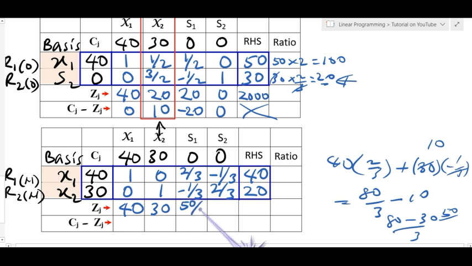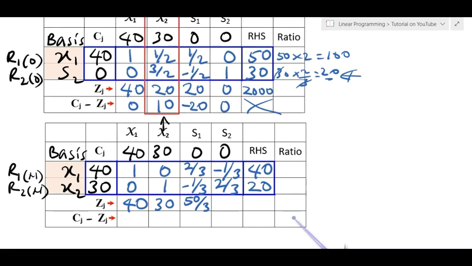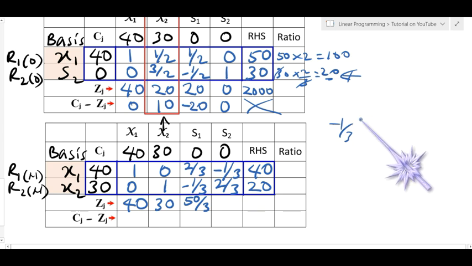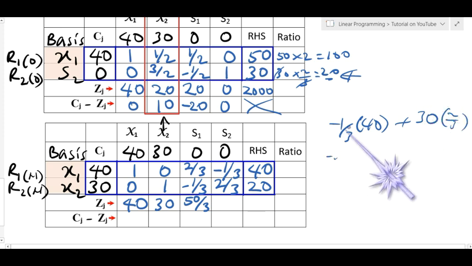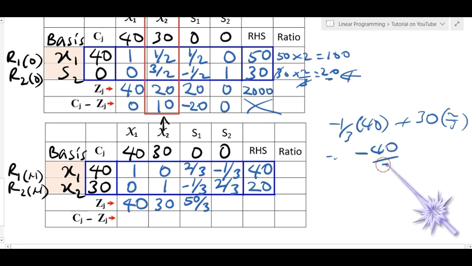Now coming to this one, we have 40 times minus 1 over 3, plus 30 times 2 over 3. That will give us minus 40 over 3 plus 20 over 1.